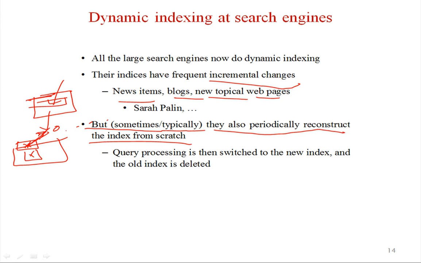To handle such problems, we require periodic reconstruction of the index from scratch. So dynamic indexing is dynamic in operations, but it requires some static operations also. Query processing is then switched to the new index and the old index is deleted.